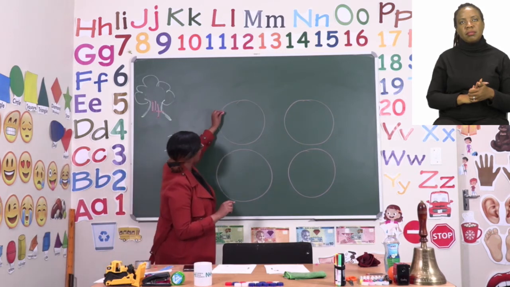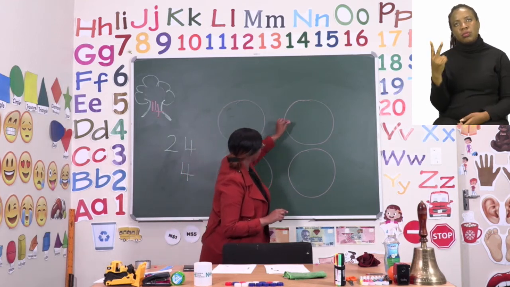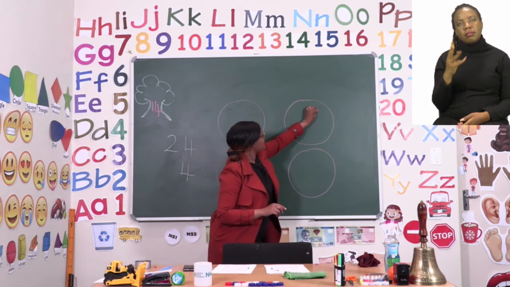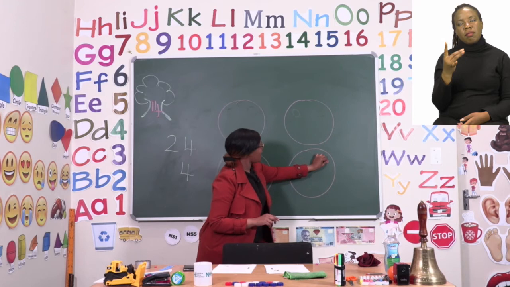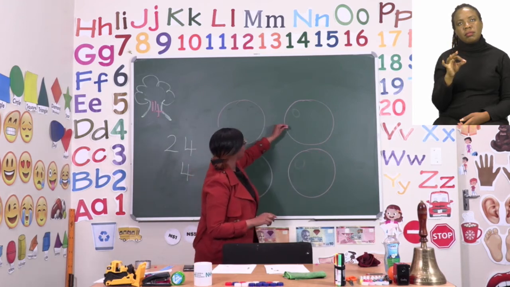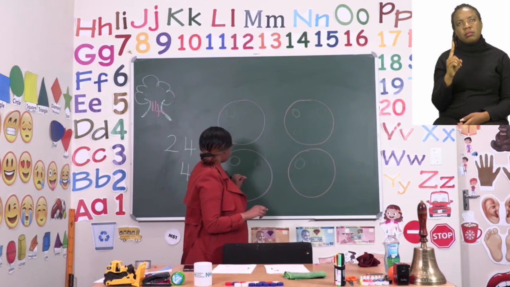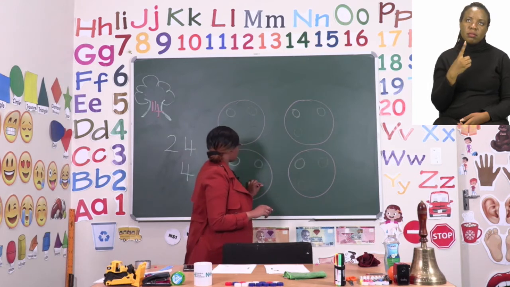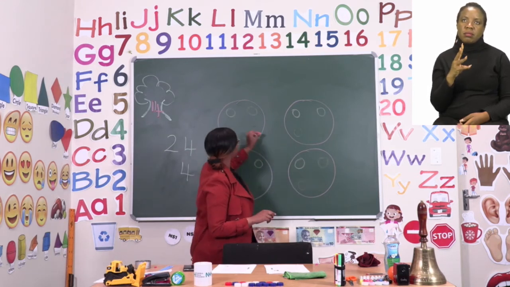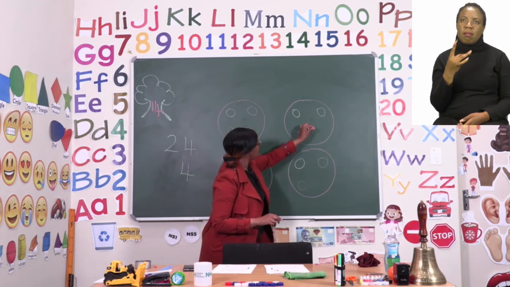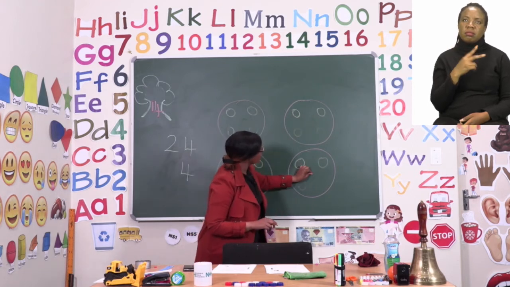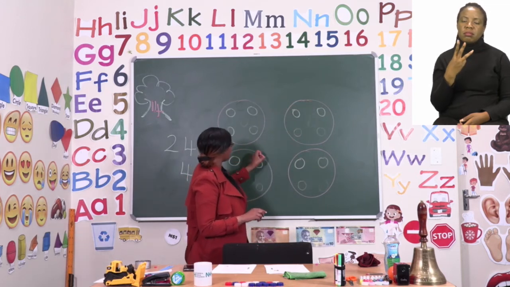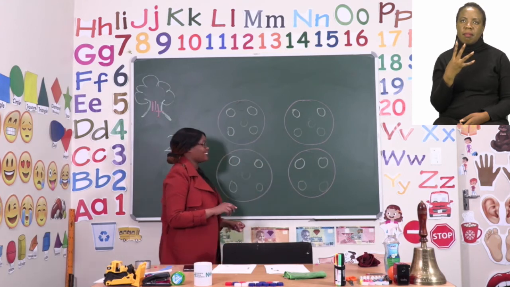Let's see if it works. 1, 2, 3, 4, 5, 6, 7, 8, 9, 10, 11, 12, 13, 14, 15, 16, 17, 18, 19, 20, 21, 22, 23, 24.